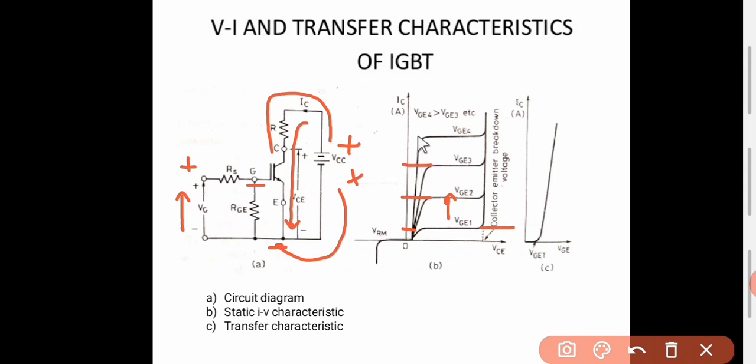At VGE3 it is this. So that's why it is also a voltage control device, because the collector current depends on the gate voltage. So B is the static characteristics of the IGBT, and here C is the transfer characteristic. The transfer characteristic is the same as the MOSFET, and the static characteristic is the same as the BJT.